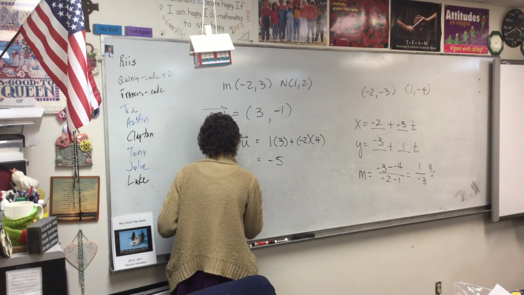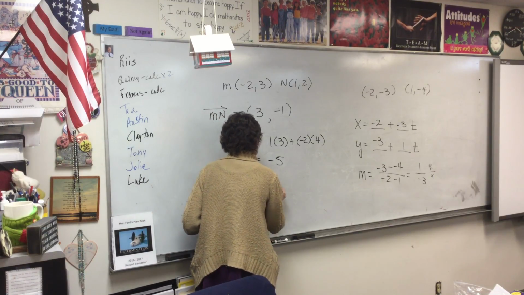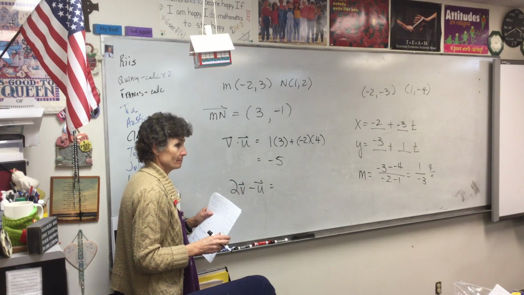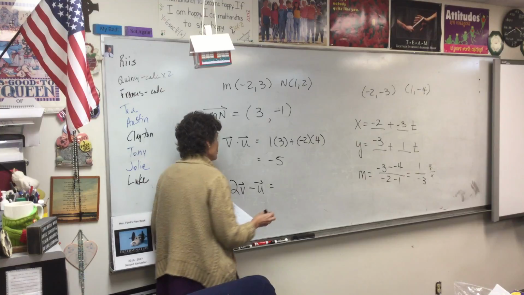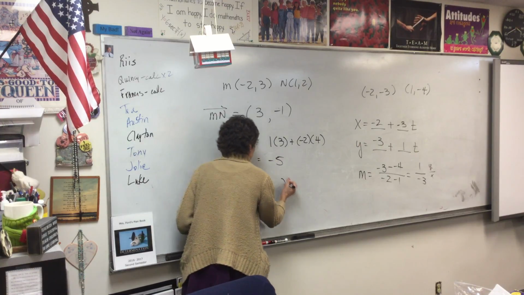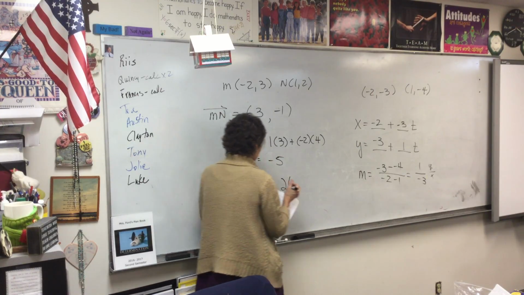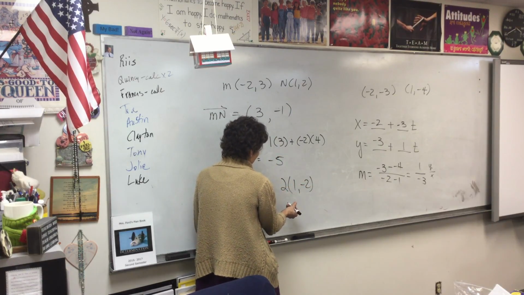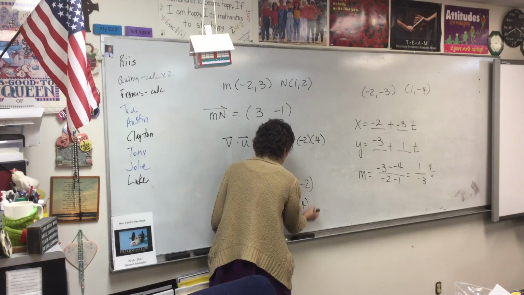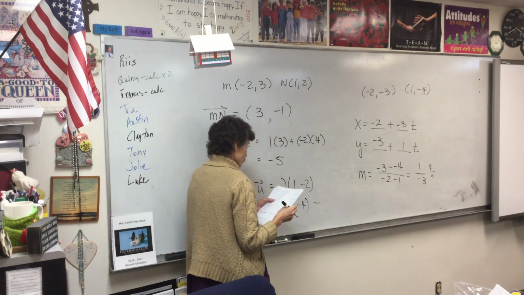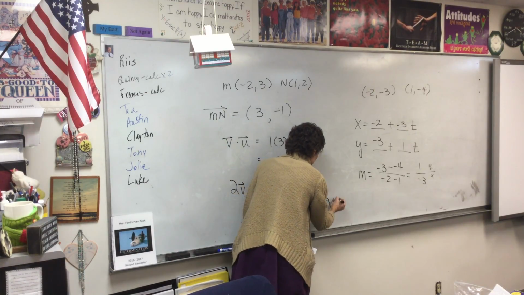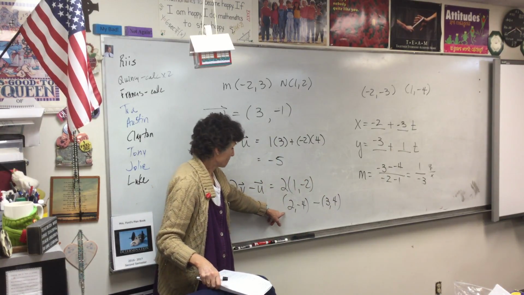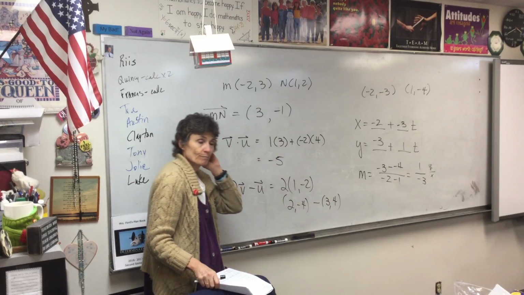All right, 2v minus u. So what are 2v's? 2v's would be 2 times 1, negative 2. So what is that? 2, negative 4. And then we're going to subtract a u. So this is 2v's minus a u.